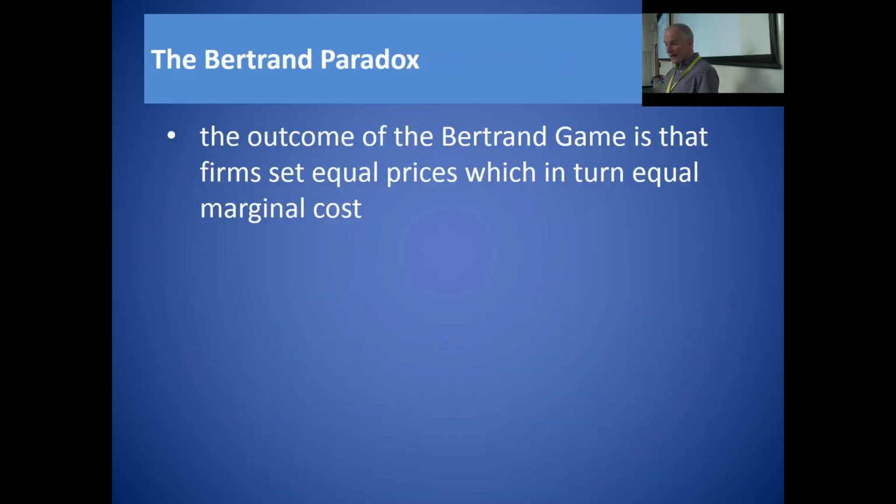That's the outcome of this Bertrand game, where both firms are choosing the price to charge, played in a single shot, static environment. The outcome is that both firms charge a price equal to the marginal cost of production.